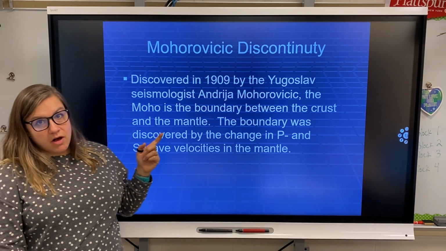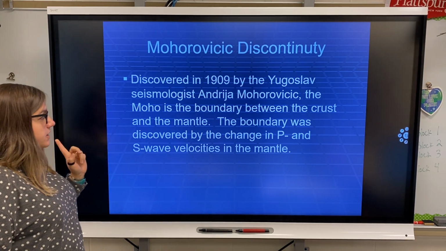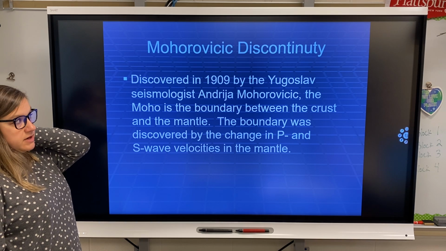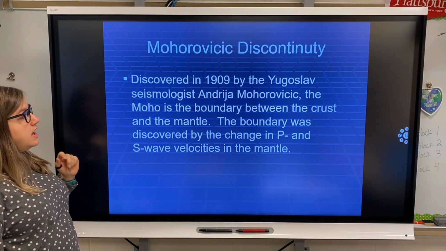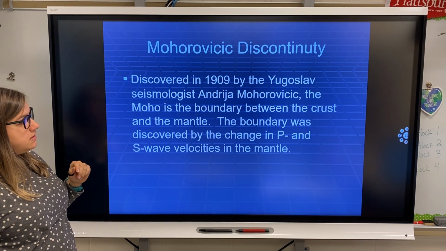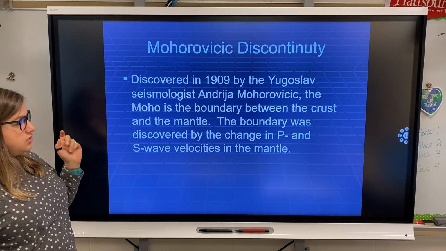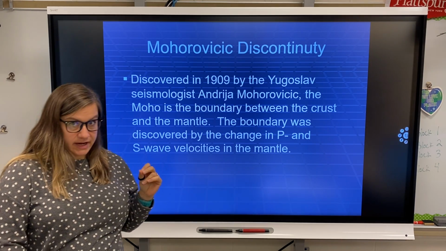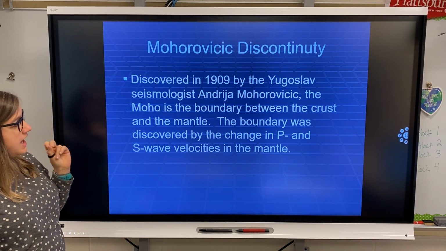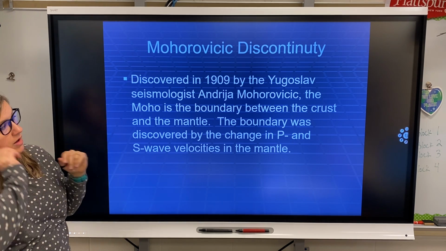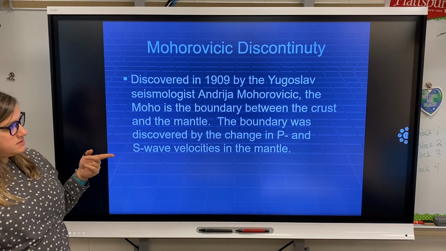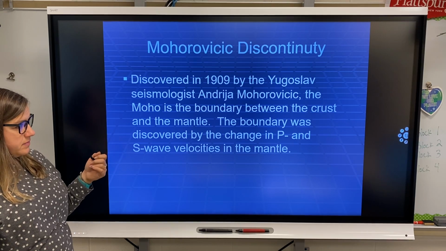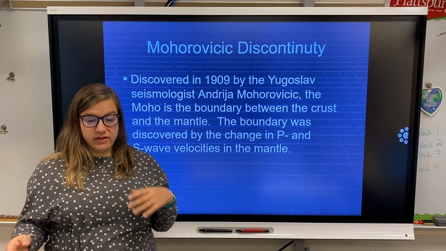So the Moho, or the Mohorovicic Discontinuity, was discovered in 1909 by the Yugoslav seismologist Andrija Mohorovic, and he discovered that the Moho is the boundary between the crust and the mantle. The boundary was discovered by the change in the P and S wave velocities.